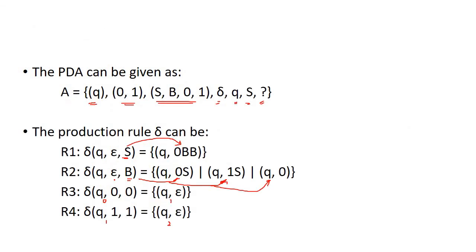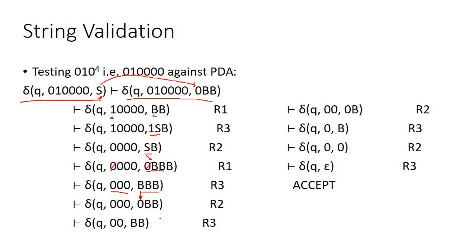We can have 0S as well, and there is another one which is 0. So for B we can have one of these productions, and there is another production that is 0. Which one we choose depends upon the input string. So we are choosing this one because we know that all of these input values are zeros, and there is no 1 in it. If there is a 1, then we will jump towards S.